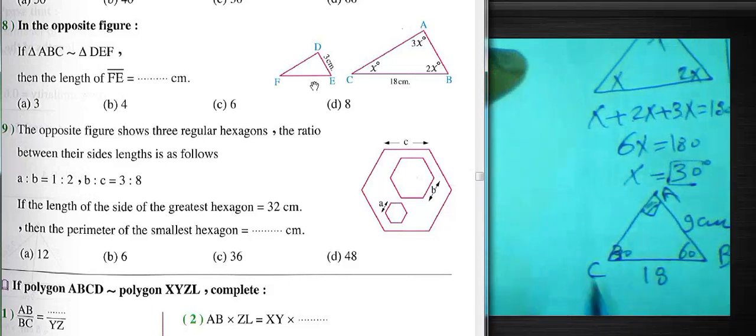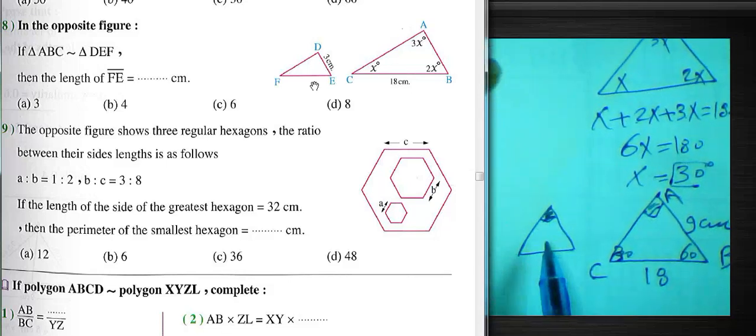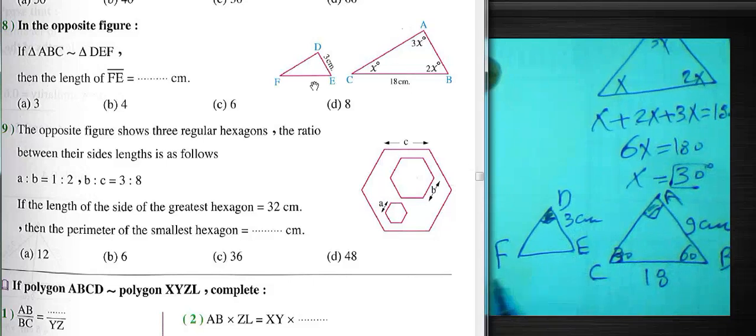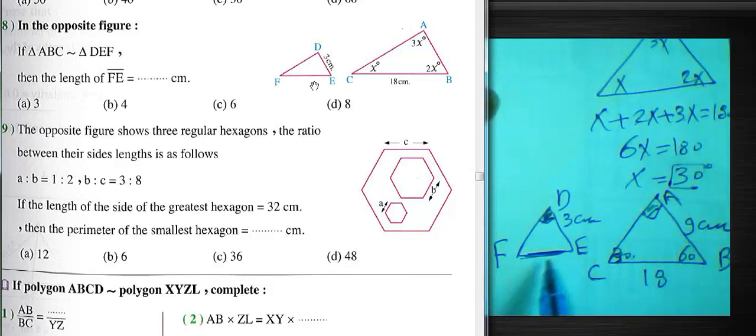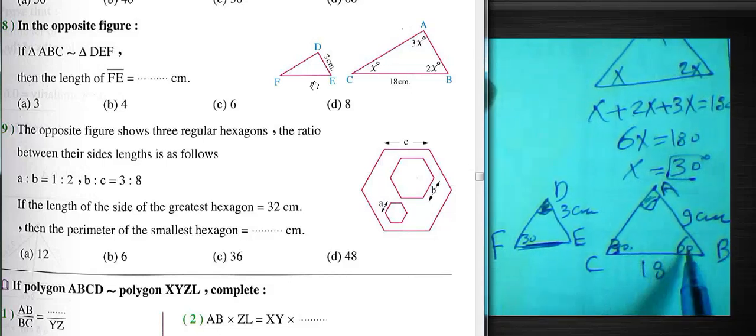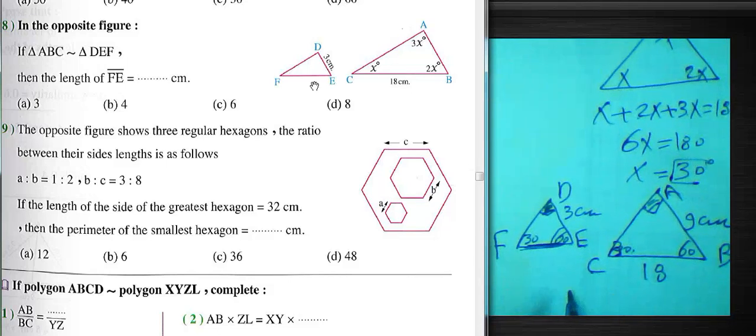And the other triangle, FDE, has a side of 3 centimeters, and he wants to find this length. Look here, this will be 30 degrees and this 60 degrees, because corresponding angles are equal in measure.